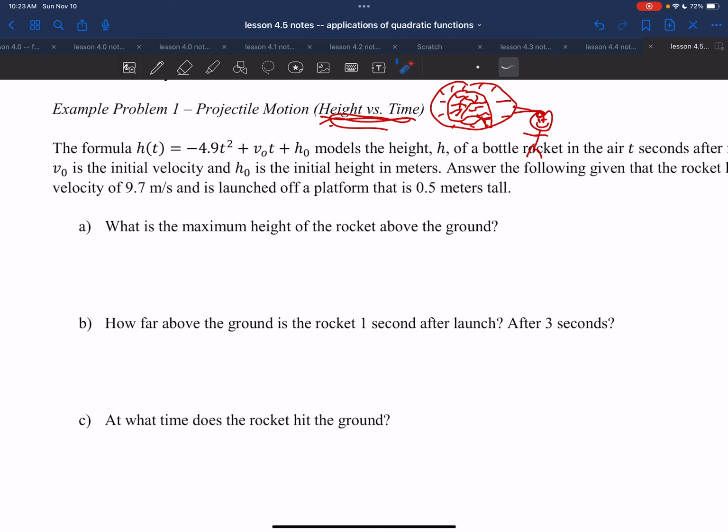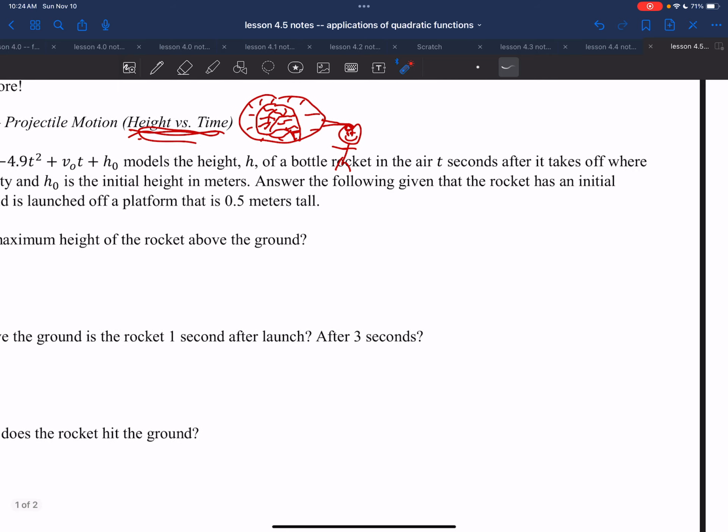The zero usually refers to initial, the starting value. So v naught implies initial velocity. It's how fast it's going the second it's launched. And then h naught is the initial height. It's the height at where it was launched, because maybe it was launched at ground level, or maybe it was above ground level when it was launched into the air.